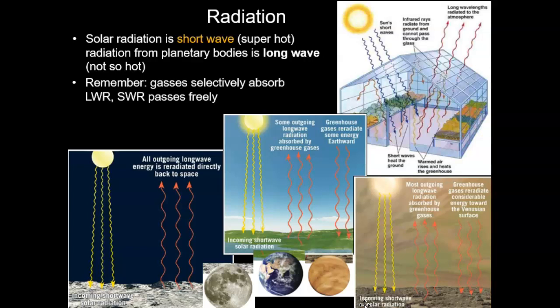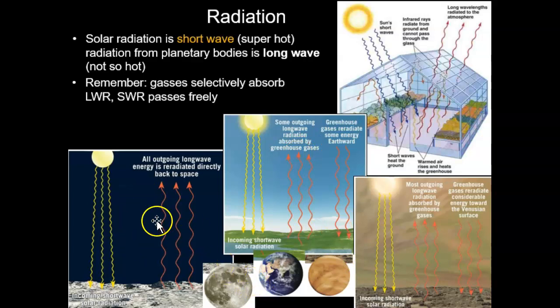And because the energy that would have been radiated back to space is now absorbed within that lower area of the atmosphere, this ends up heating the Earth's atmosphere, and the energy will also be re-radiated back to the Earth's surface, as you're seeing that it occurs right here. So these are three different scenarios.